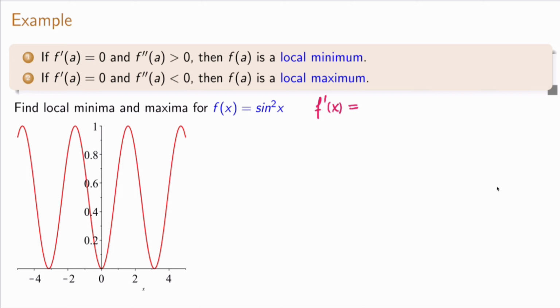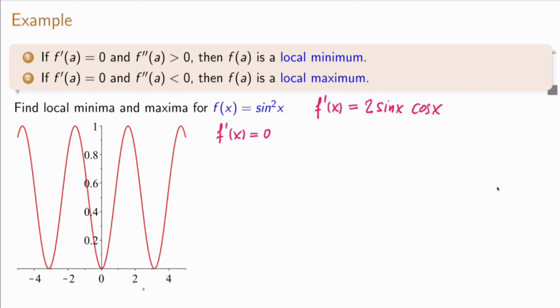F prime of x equals 2 sine x times the inner derivative, which is the derivative of sine, and this is cosine. And then we need to find the zeros of f prime, right, which are the critical numbers of this function. So f prime is a product of sine and cosine, which means it is 0 whenever sine is 0 or when cosine is 0. Right? Sine is 0 at 0, pi, 2 pi, 3 pi, 4 pi.